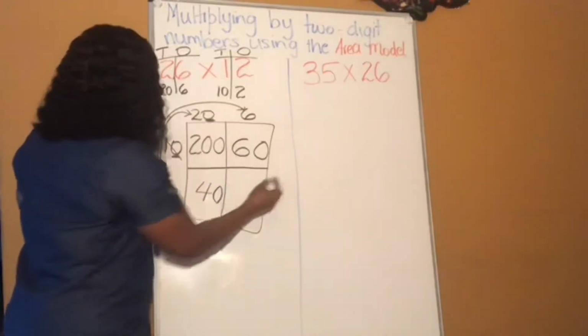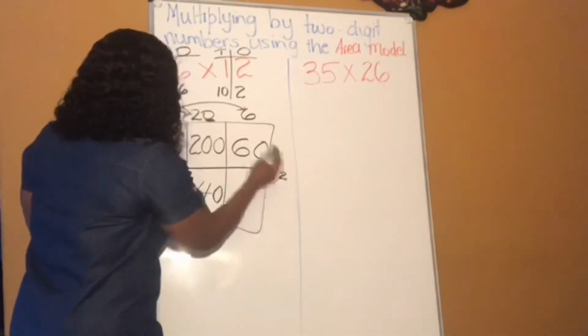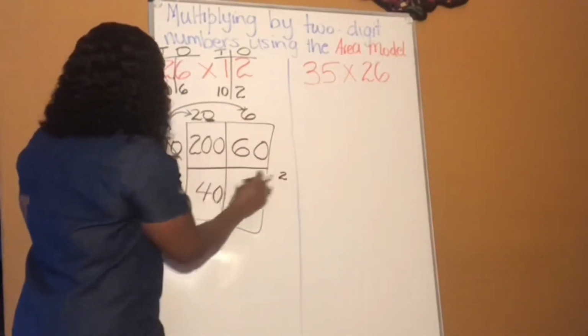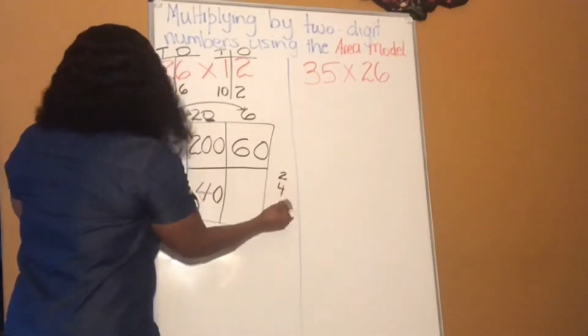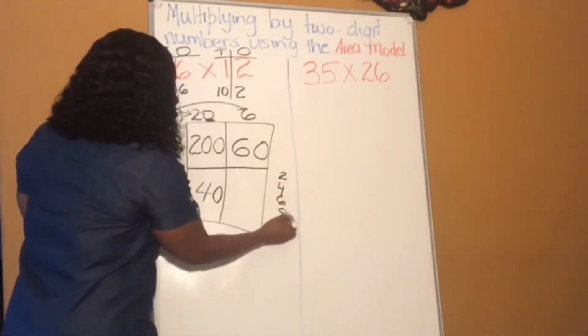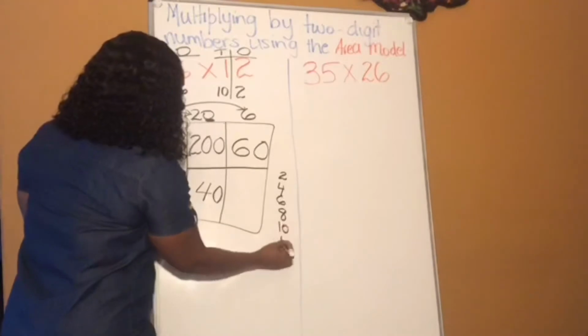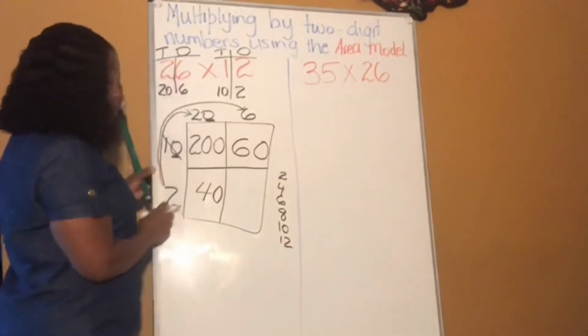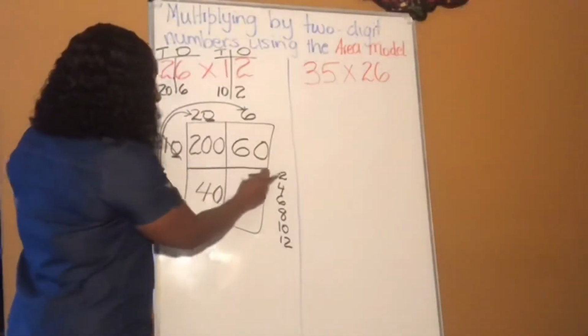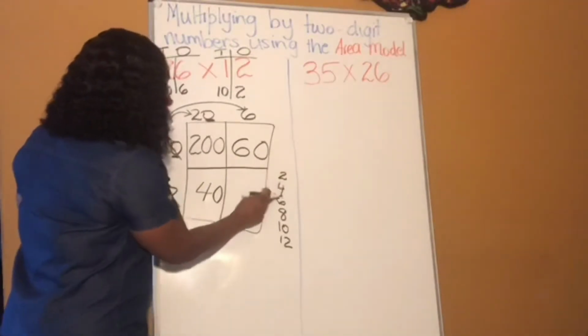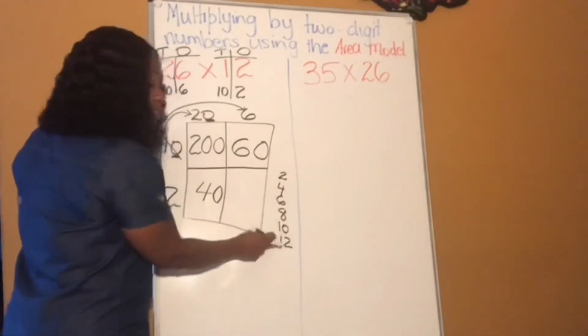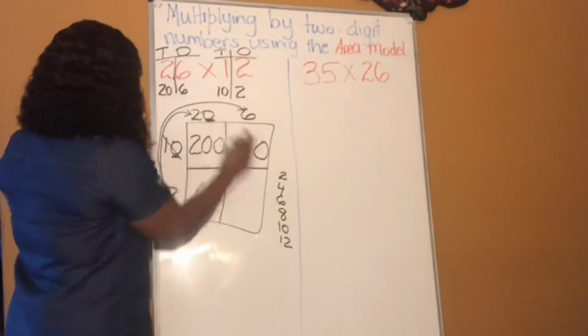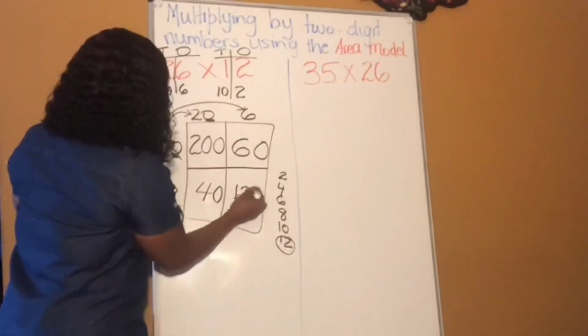If we don't know, we're skip counting by 2, 6 times. So 2, 4, 6, 8, 10, 12. So we skip counted by 2, 6 times: 1, 2, 3, 4, 5, 6. So 2 times 6 is 12.